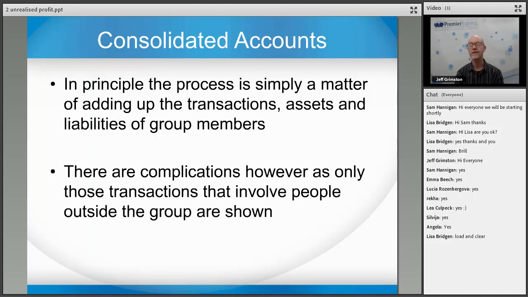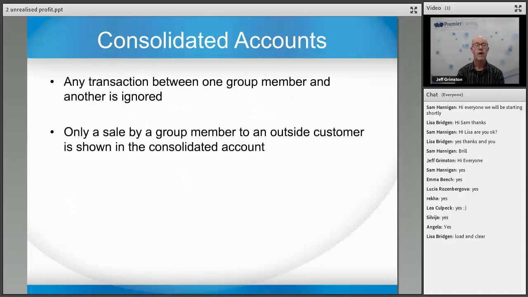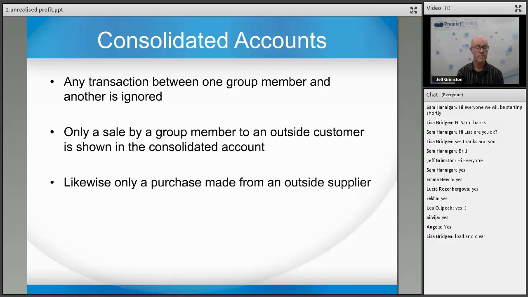But there are complications, because we must only show in the group accounts those transactions that involve people outside the group. Anything that takes place entirely between group members, we simply ignore. Only a sale by a group member to an outside customer is shown in the consolidated account in the revenue figure. Likewise, only purchases that have come from an outside supplier.